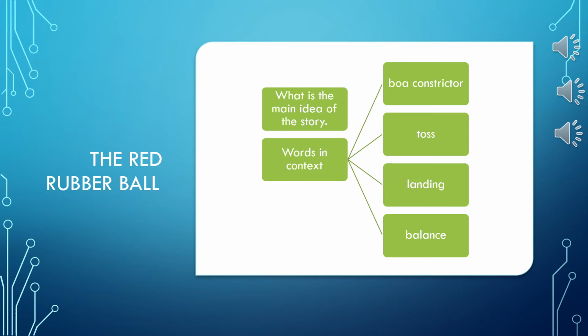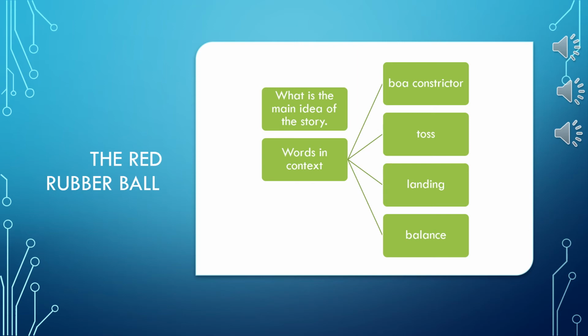So if you see the exact meaning of the word landing, as you might have seen so many times that if a plane is landing, it actually comes down to the ground from the air. So landing means when something is coming down from the air to the ground.